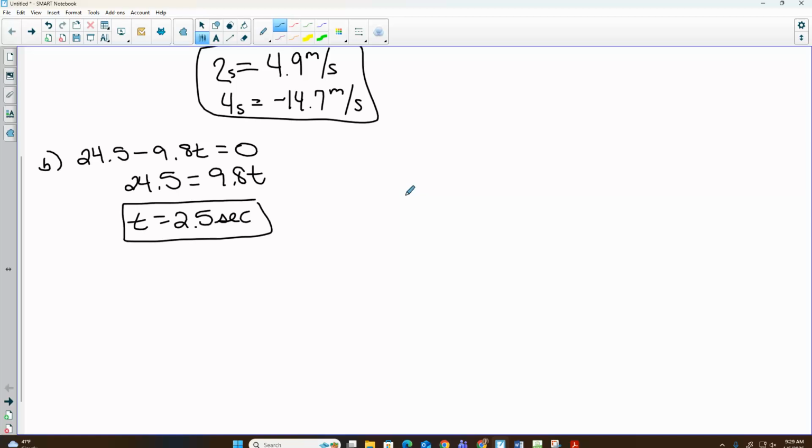Maximum height. So we know when we have a maximum height. So how do we actually find the height?